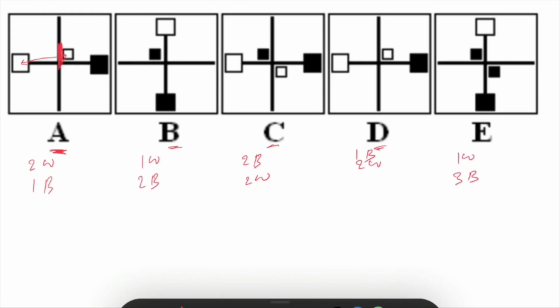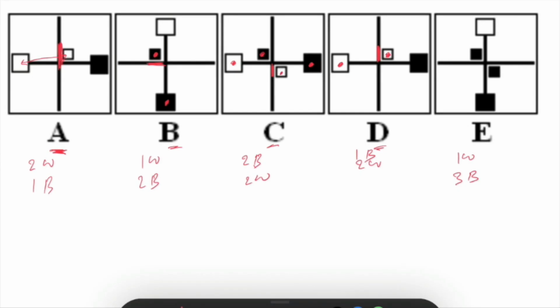It happened here also in B, because the small black box is far from the big black box and separated by this line. In C, you can find the small white box is far from the big white box and separated by a line, and this happens in the same way with the small black box and the big black box. In D as well, we have the small black box far from the white box with a separator, a line separating them.